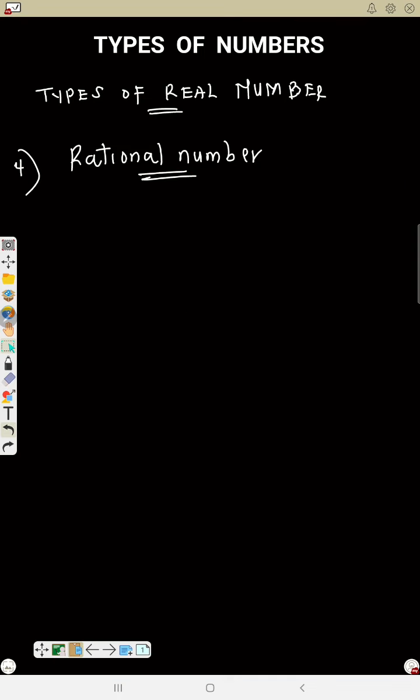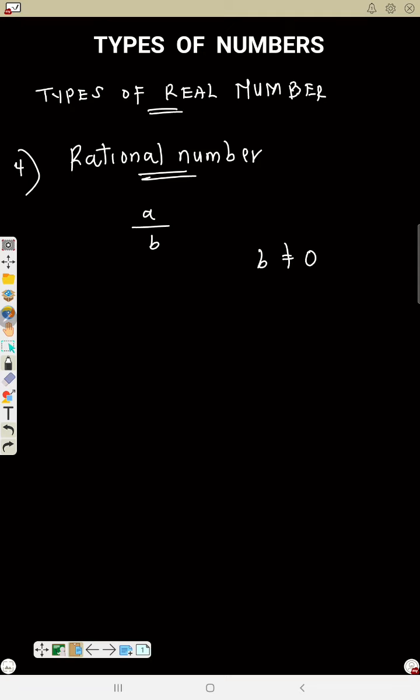So a rational number is a number that can be expressed as a fraction, a over b, where a and b are integers, and b cannot be equal to 0. So any number you can express as a over b, where b is not 0, is a rational number.